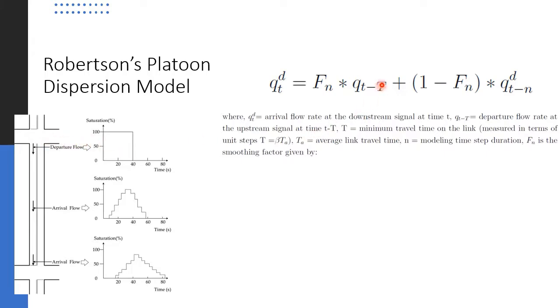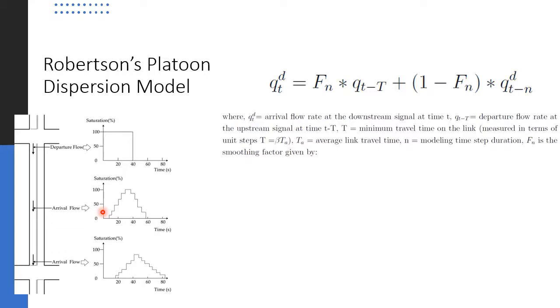What is this capital T then? T is the travel time required to cover this much distance. So the flow at the downstream end at time t is dependent upon the departure rate from the upstream end at t minus T, where capital T is the minimum travel time required to cover this link.